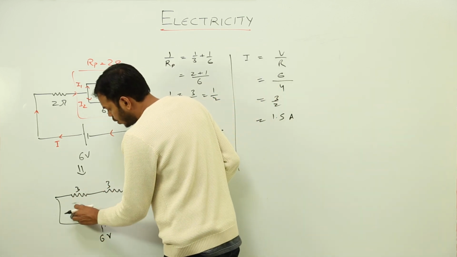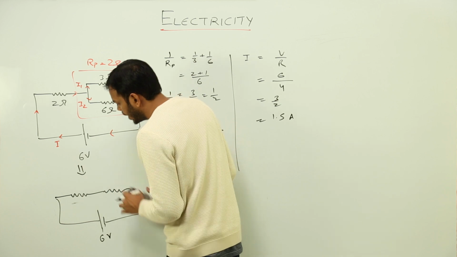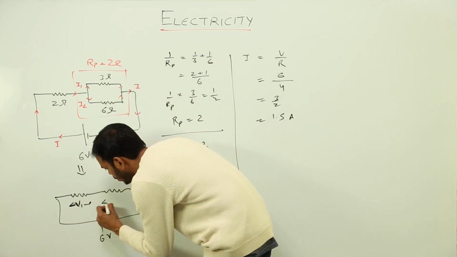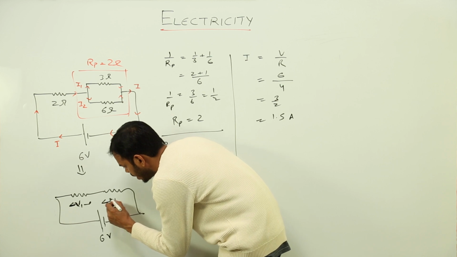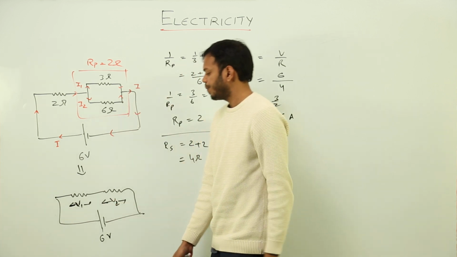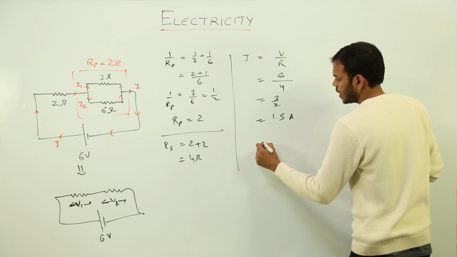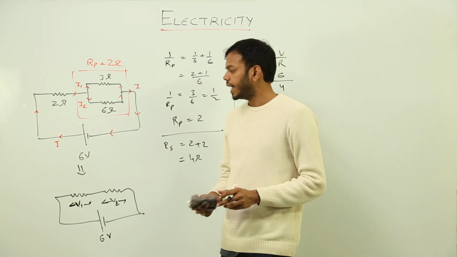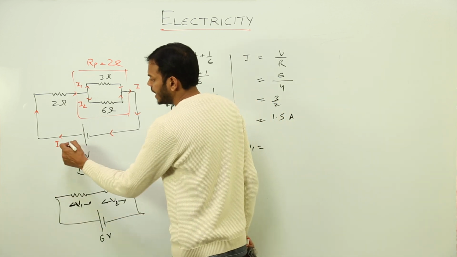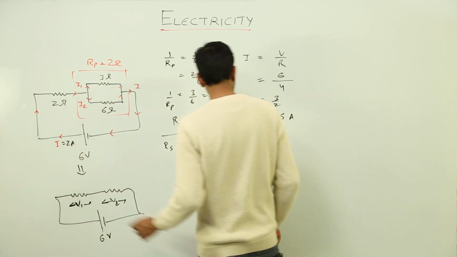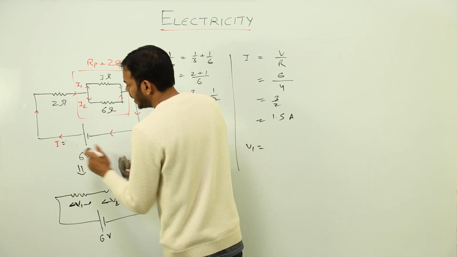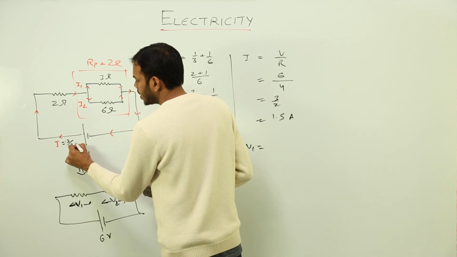So I am going to calculate what voltage this resistor took, V1, and what voltage this other resistor took, V2. V1 would be equal to current into resistance. The main current is 3 by 2 amperes.